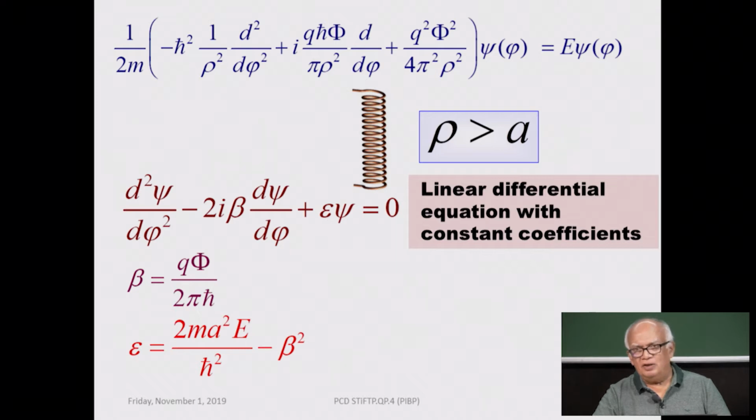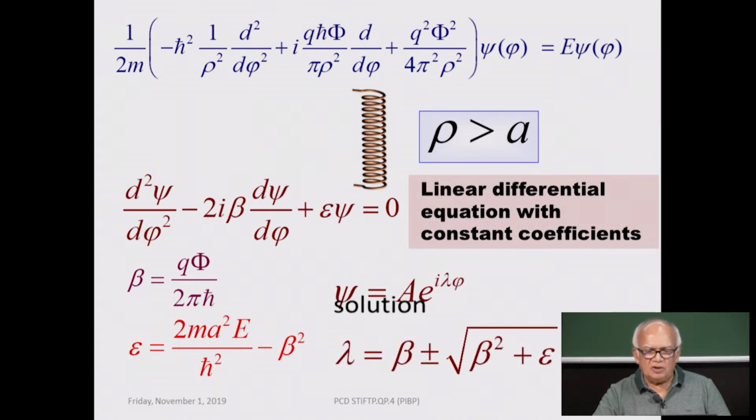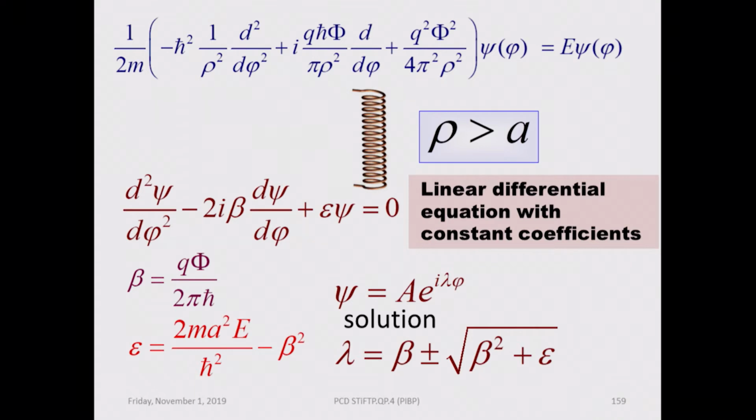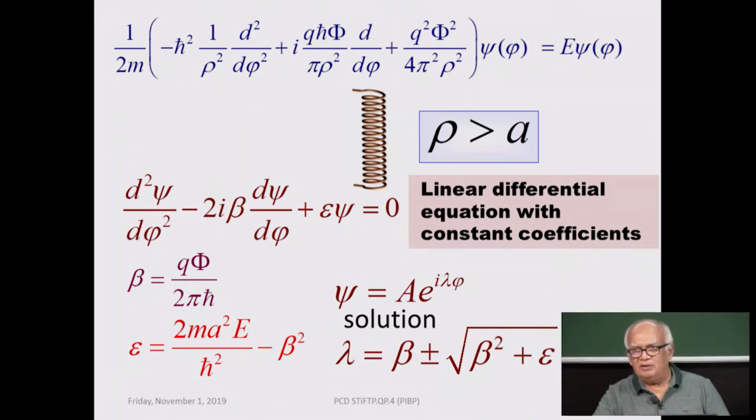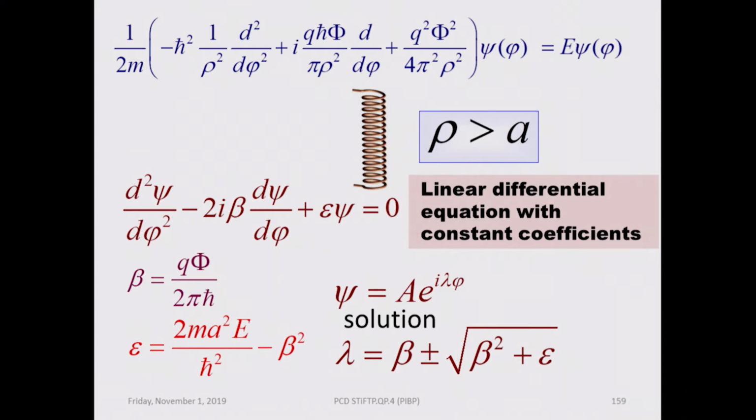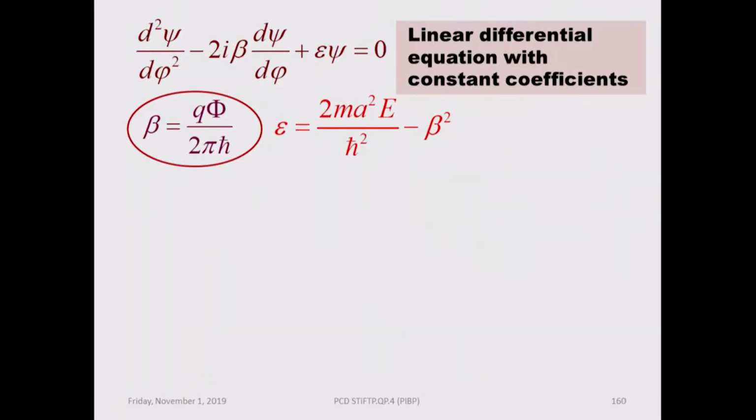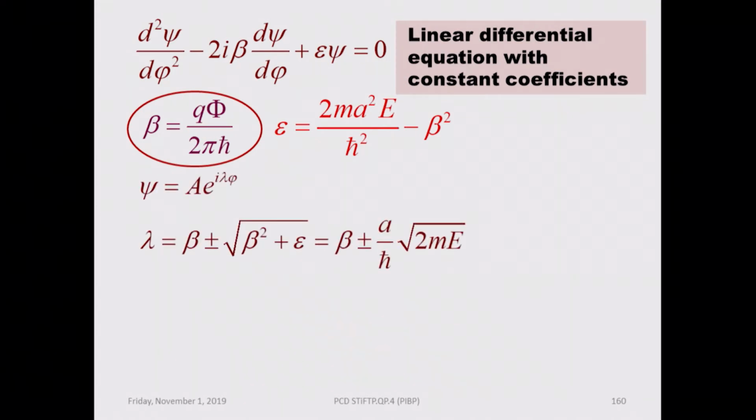Equations of this kind you would have solved umpteen number of times. It has a solution which is simply A e to the i lambda phi, where lambda, you will get a quadratic equation, and the solution is beta plus or minus root of beta square plus epsilon in the notation that we have used. This is easy to get, all you have to do is to put it in and check it out, please do it. So, this is your solution to the differential equation.